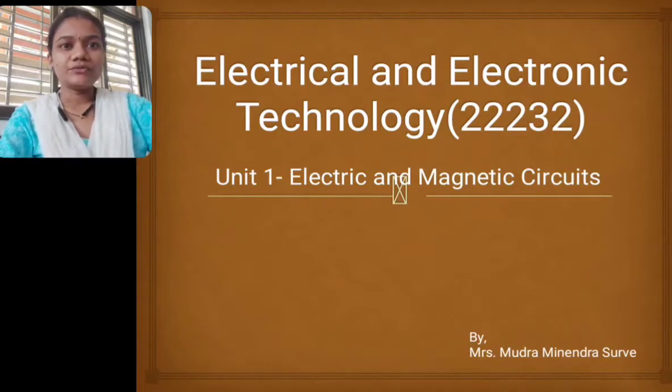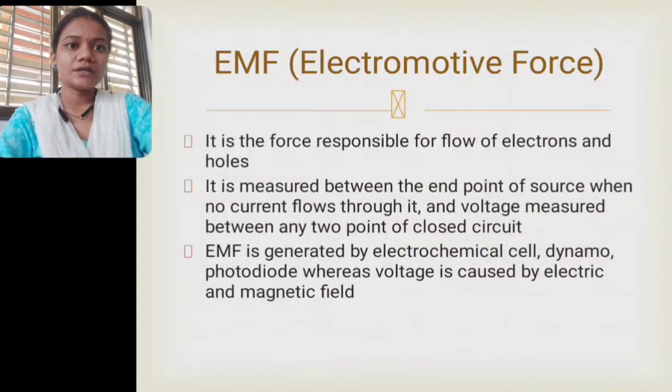In this unit we are going to first see the parameters of electric and magnetic circuits, then the difference between electric and magnetic circuits. First is EMF. EMF is nothing but electromotive force. It is the force responsible for the flow of electrons and holes.